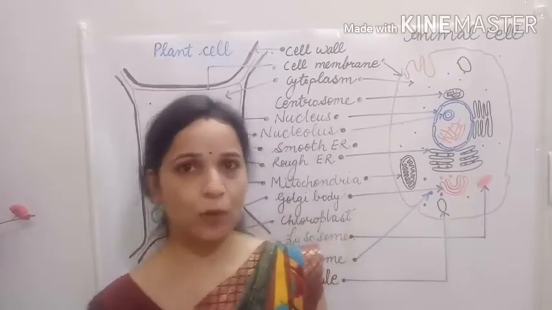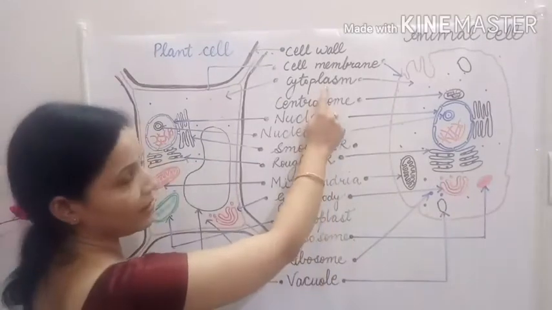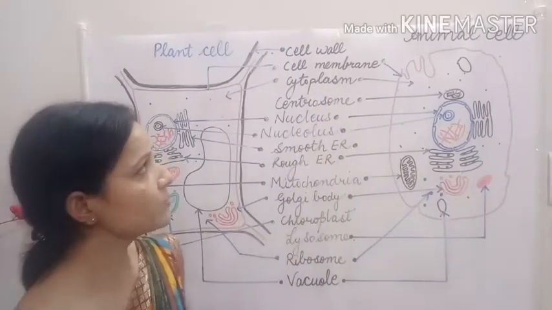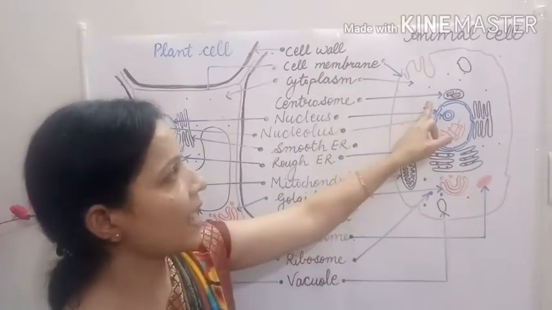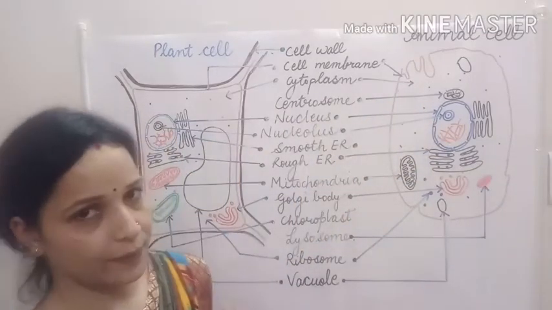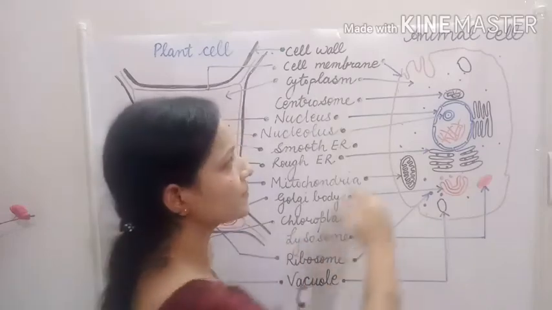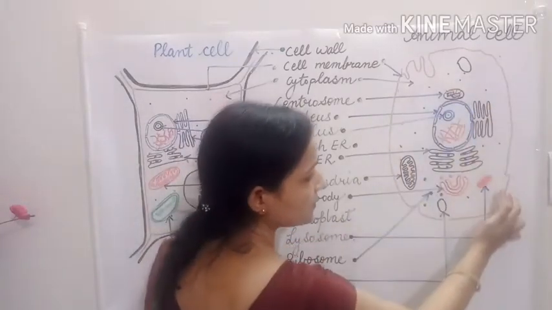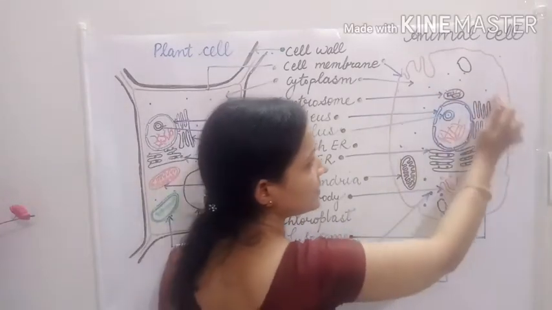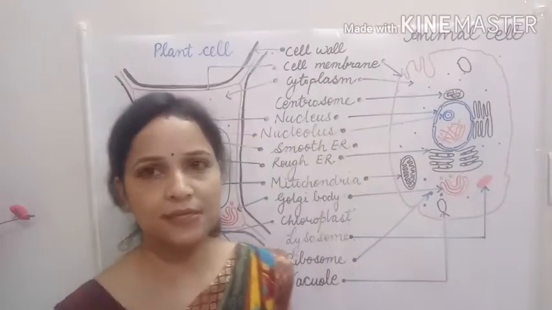Now, the next topic is cytoplasm. Cytoplasm is present in both animal cell and plant cell. Cytoplasm is a clear jelly-like substance which fills most of the inside space of the cell.